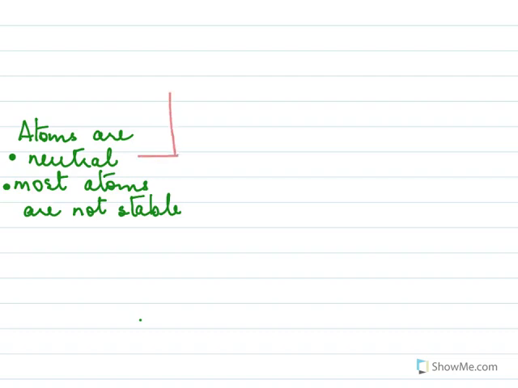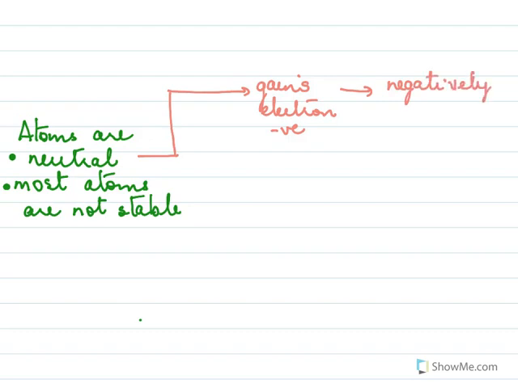If an atom gains an electron, remember, electron is a negative charge. So when it gains an electron, it becomes negatively charged because it has now extra electrons. And such a negatively charged atom is called an anion.